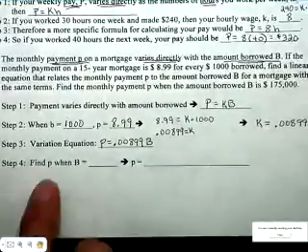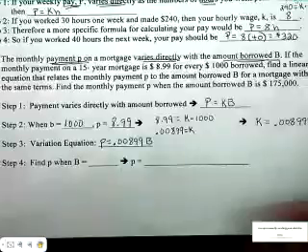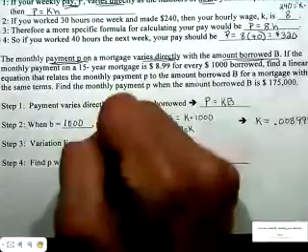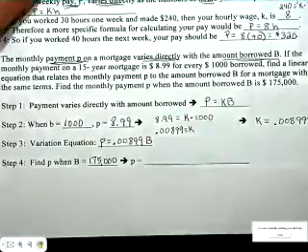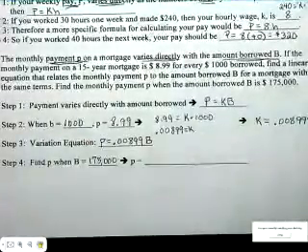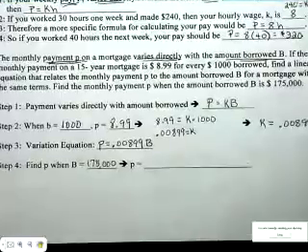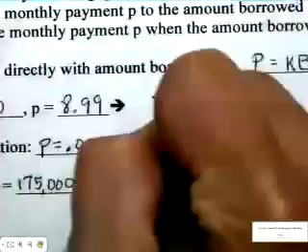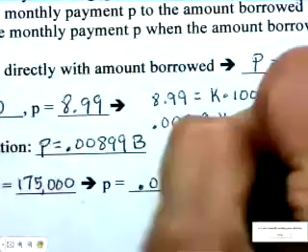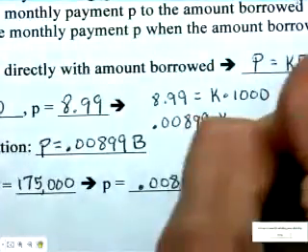Find P when B is $175,000. According to the formula on the previous step, P is just 0.00899 times 175,000.